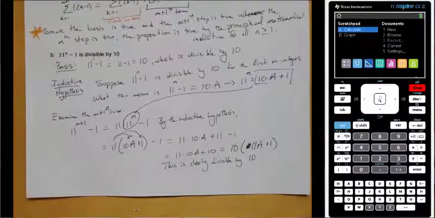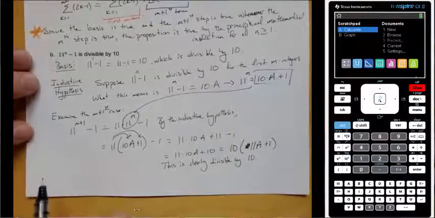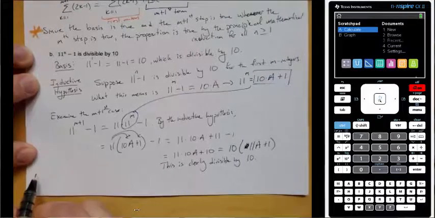The only thing left is to write the conclusion, which is again the same for every proof by induction.